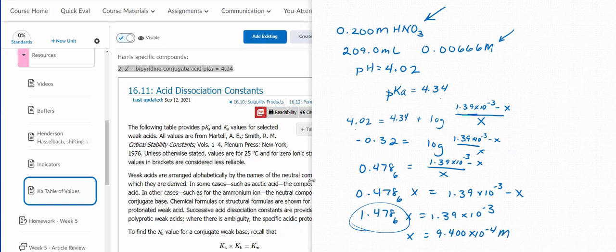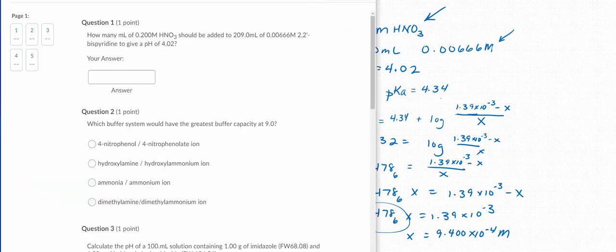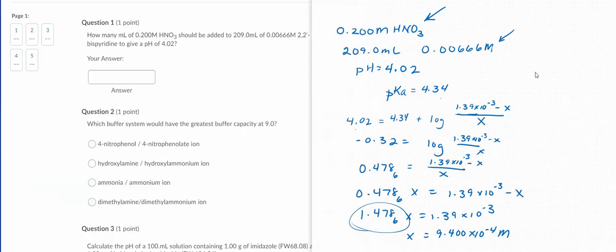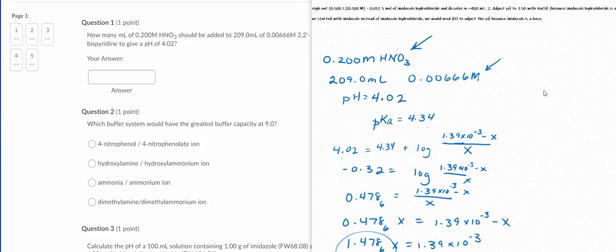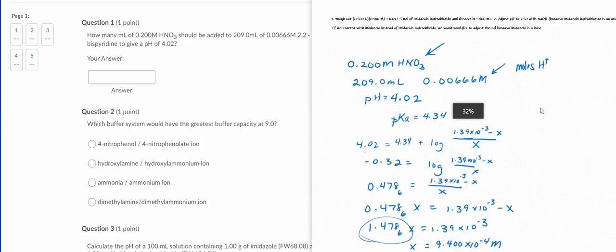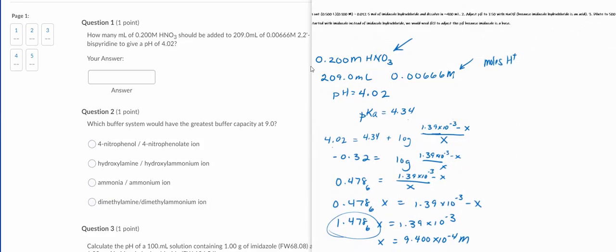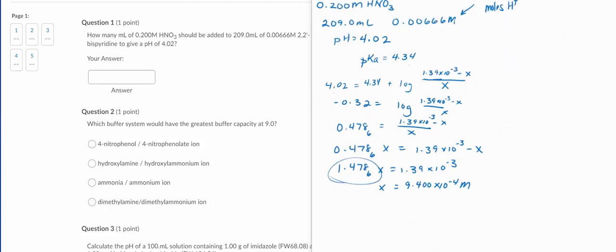What does that X represent? That is not our answer. Well, that X represents the moles of acid that were added. So if I have this number of moles of acid, then I need to use the concentration that I was given, and it's per liter.